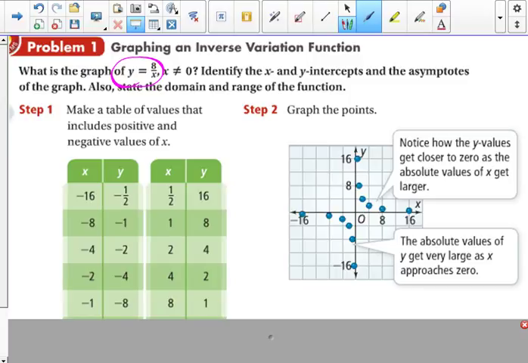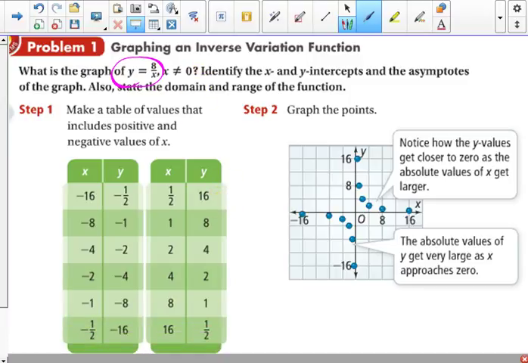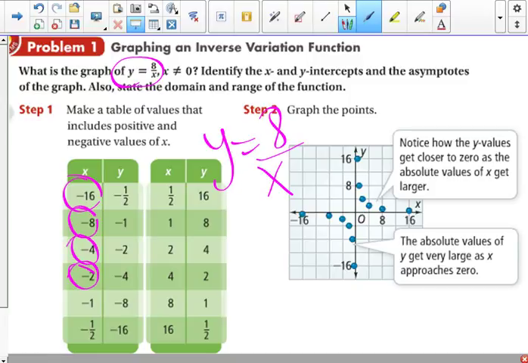So we've just got y equals 8 over x. Let's just pick a bunch of points and graph them and see what happens. There's no magic to this. It's just plugging into a t-chart. They've picked negative 16, negative 8, negative 4, negative 2, negative 1, negative 1/2, and then the positives, 1/2, 1, 2, 4, 8, and 16.